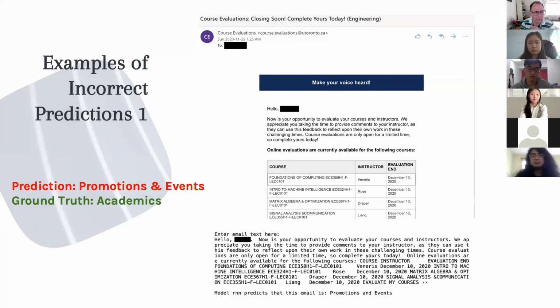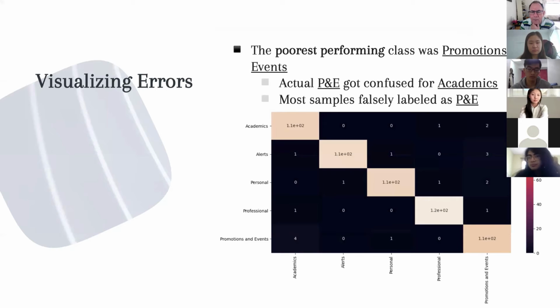Awesome to see this email, by the way. I never get to see that one. You said that your confusion matrix wasn't so good. This looks like the best confusion matrix I've ever seen. There's thousands on the diagonal and single digits everywhere else. Why did you say this is not good? It's not good, but we're just saying that if you look specifically at certain squares, the most confusion was with promotions and events.